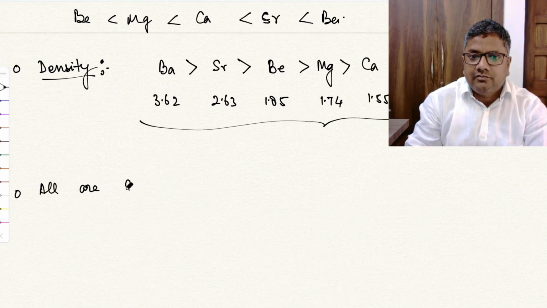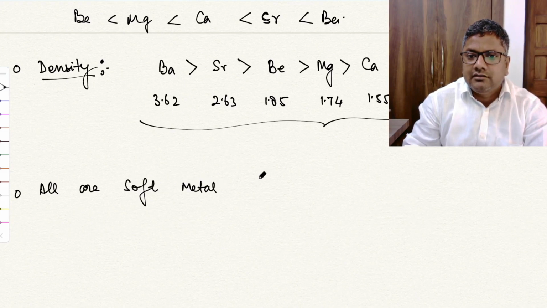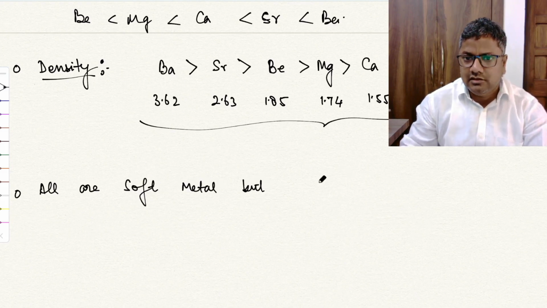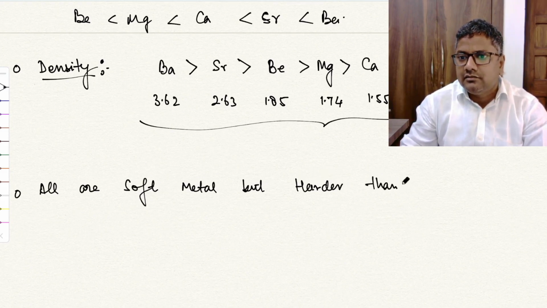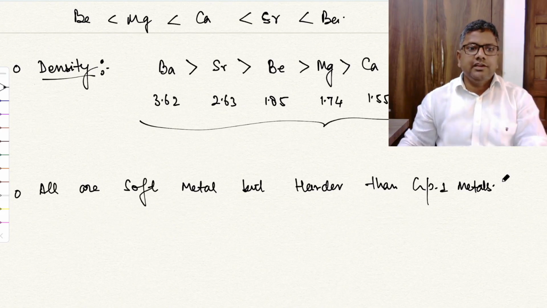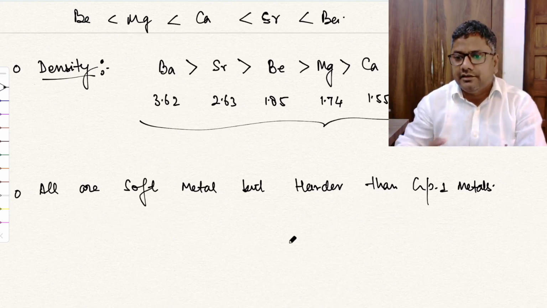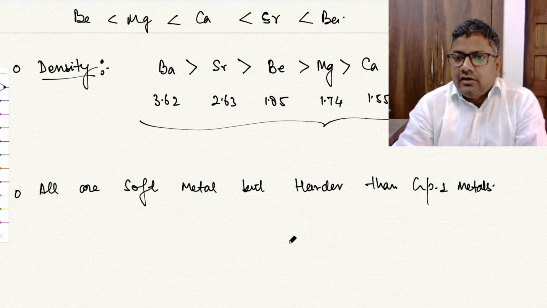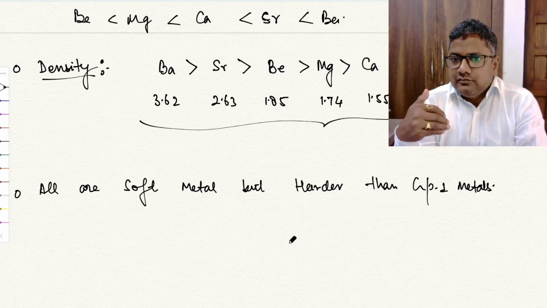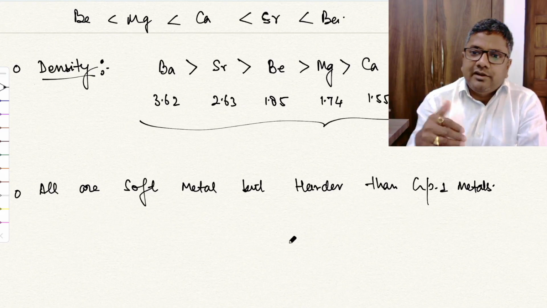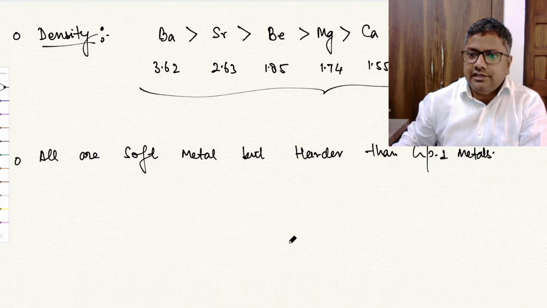All are soft metals, but harder than group 1 metals. The degree of hardness is basically more for second group metals compared to group 1 metals, right?